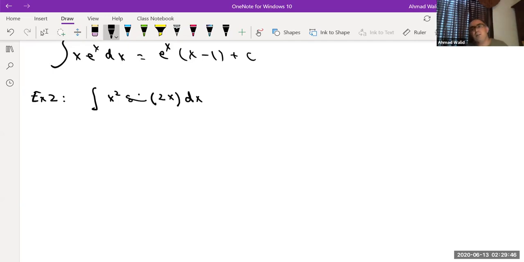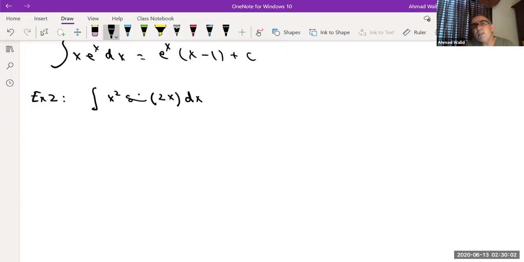Now, how to start? Should I start with by parts? But before that, I have a question. Does this fit in your integration table? No. Can you do substitution?